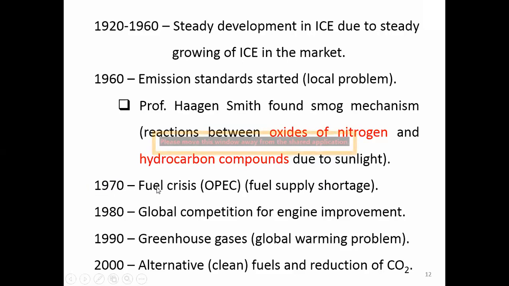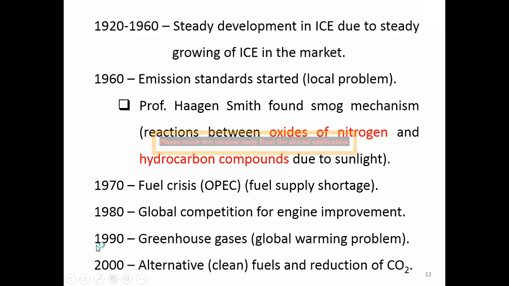They needed to improve the efficiency in order to reduce fuel consumption. So starting from 1980, all over the world started to compete on engine improvement, right? About the engine improvement.